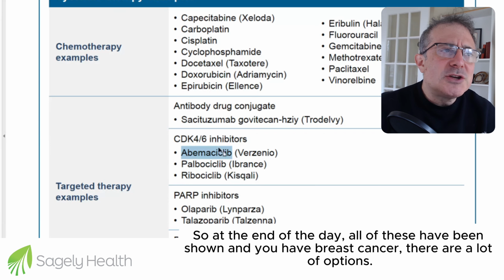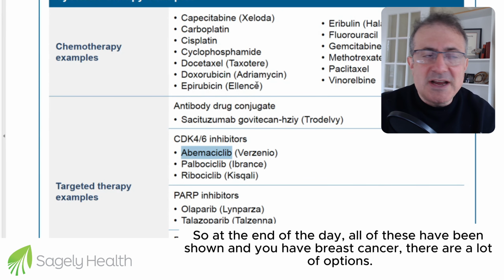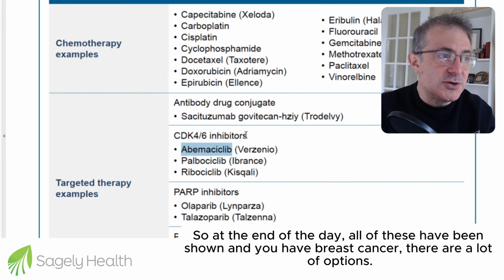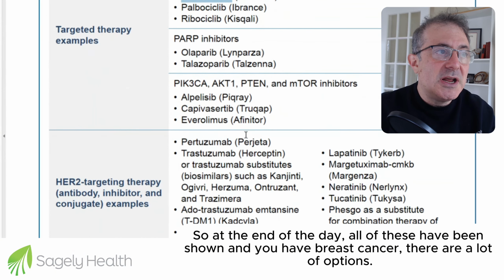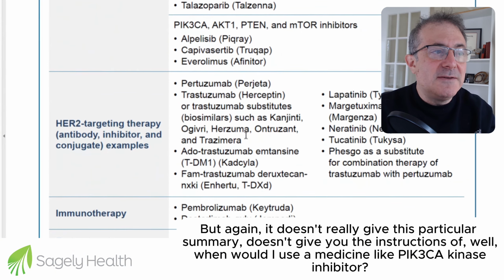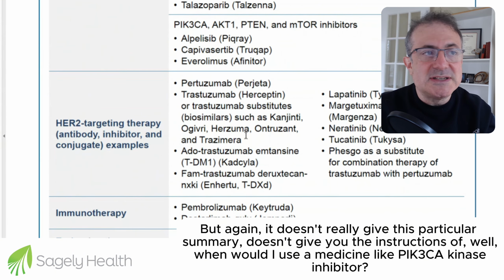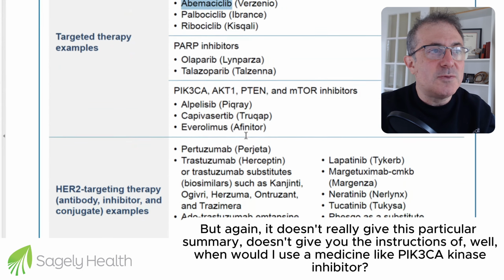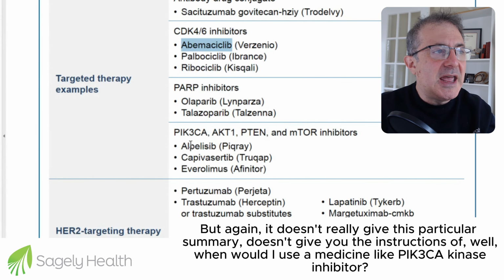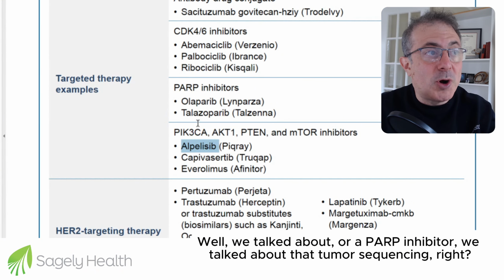And so at the end of the day, all of these have been shown, and in breast cancer there are a lot of options. But this particular summary doesn't give you the instructions of, well, when would I use a medicine like a PI3 kinase inhibitor? Or a PARP inhibitor? We talked about that tumor sequencing, right?